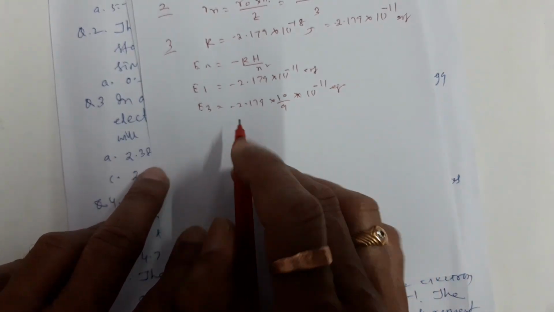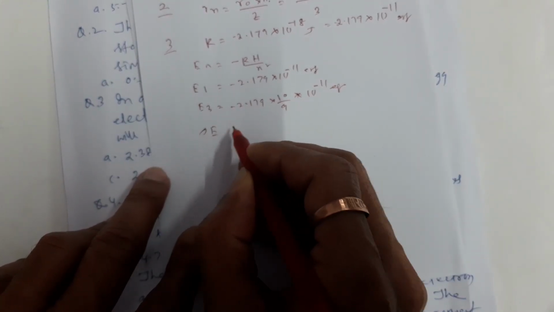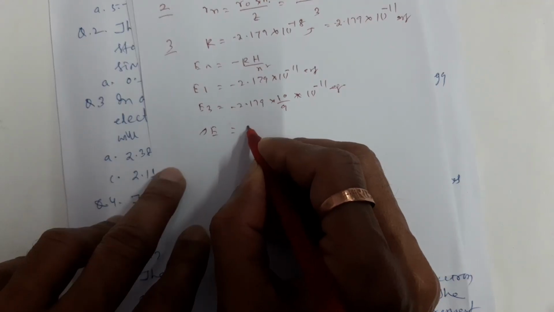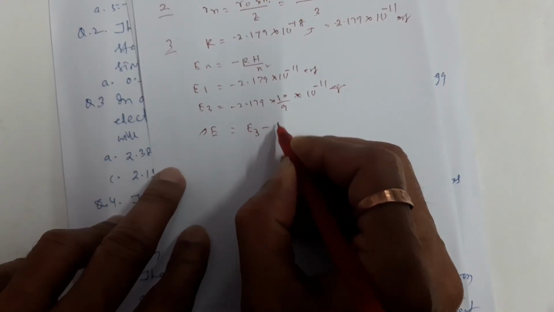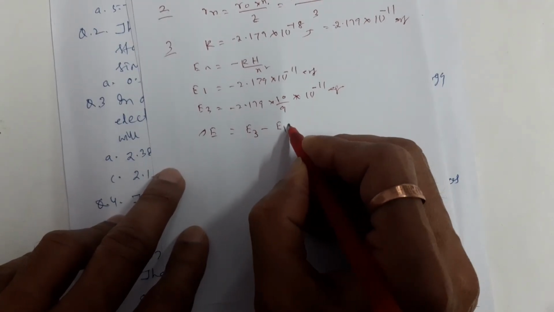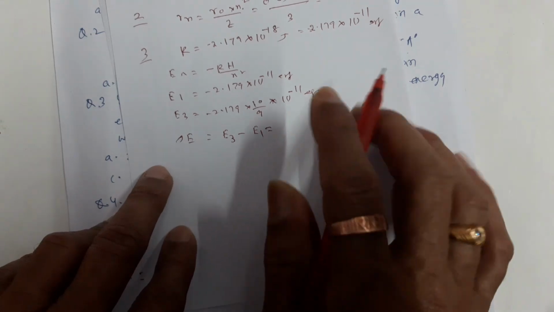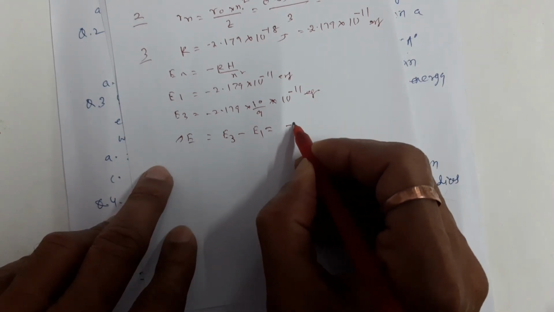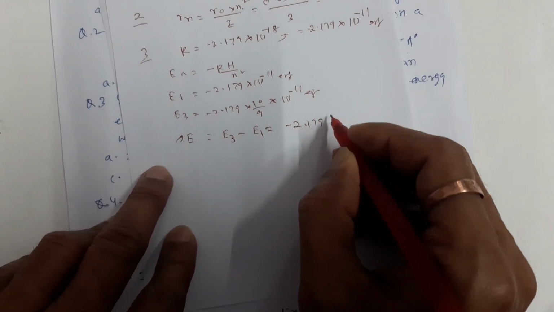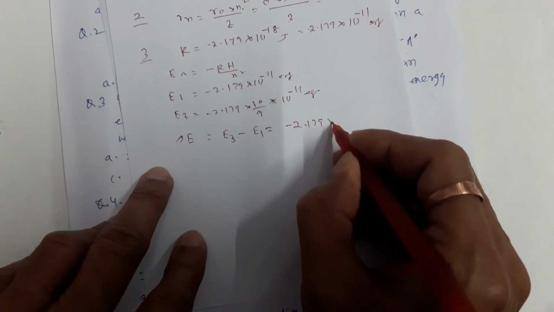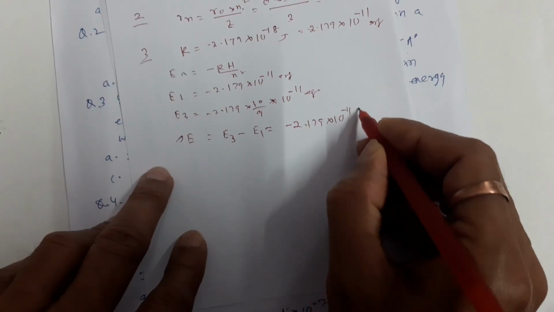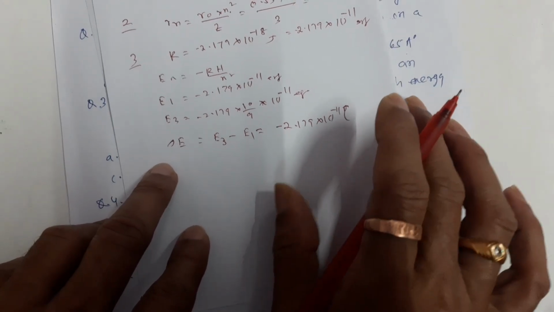Okay, so delta E is asked, so E3 minus E1. Minus 2.179 is common, and 10 to the minus 11 is also common.